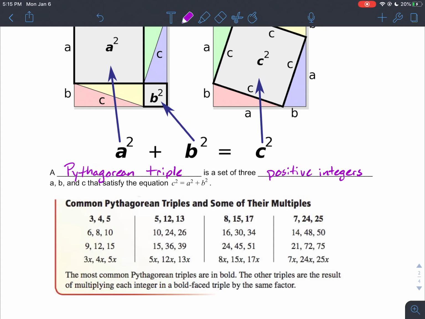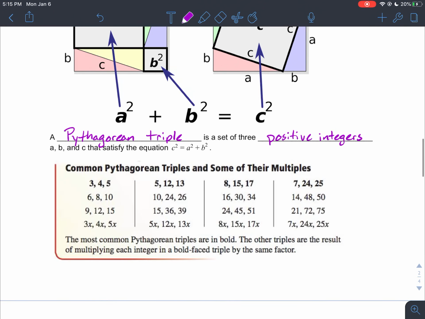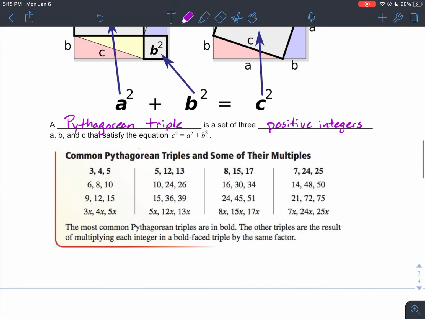So like 1, 2, 3, 4, 5. So not 1.4 or 1/3. So whole numbers that are positive in this case, A, B, and C, that satisfy the equation c squared equals a squared plus b squared. So in less fancy terms, a Pythagorean triple is numbers that work out in c squared equals a squared plus b squared so that all three of the numbers are whole numbers.